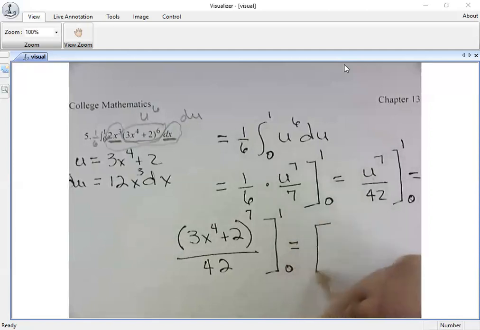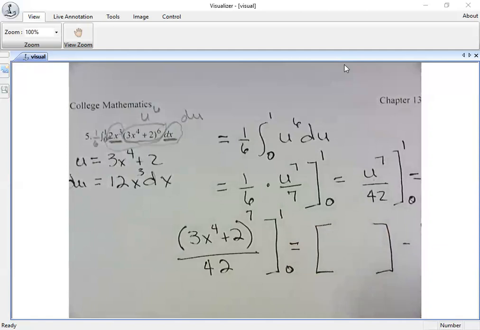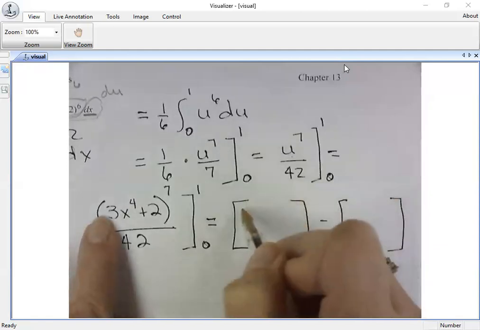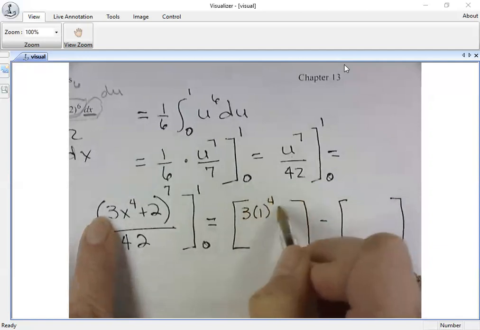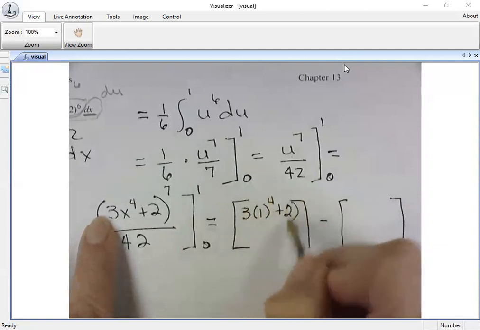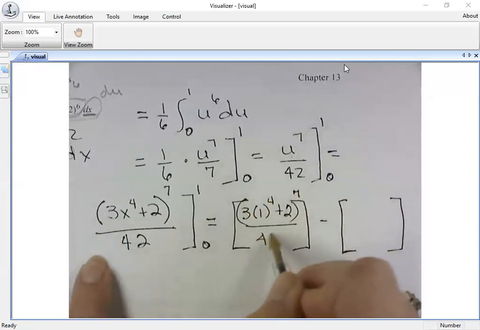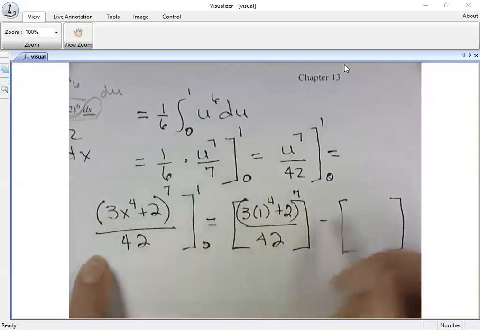So upper bracket minus our lower bracket. And that would be 3 times 1 to the 4th plus 2. All that's getting raised to the 7th power divided by 42 minus, we've got 3 times 0 to the 4th plus 2 raised to the 7th power divided by 42.